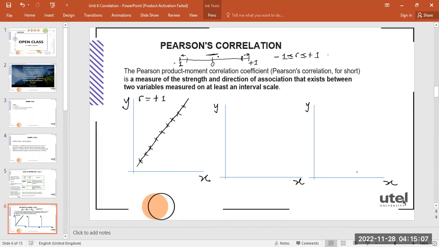Now, the second type of relationship is when you plot your graph and you have a graph that looks like this.